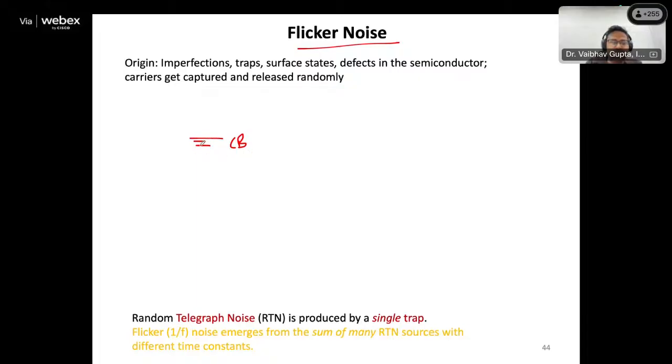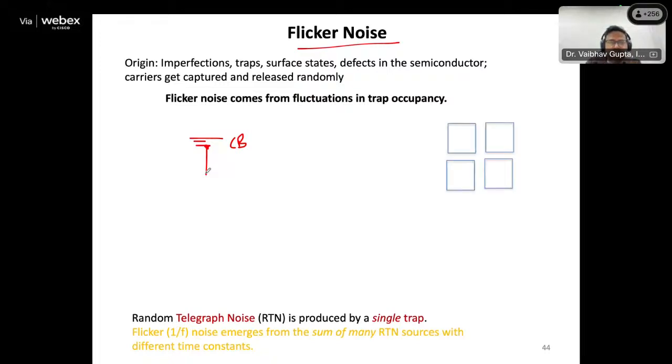While the charge is trapped and not contributing, the current gets lower; as soon as it is released, the current is higher. Because of this fluctuation in the availability of trap states, trap states are suddenly occupied and then deoccupied. This fluctuation in occupancy creates flicker noise.